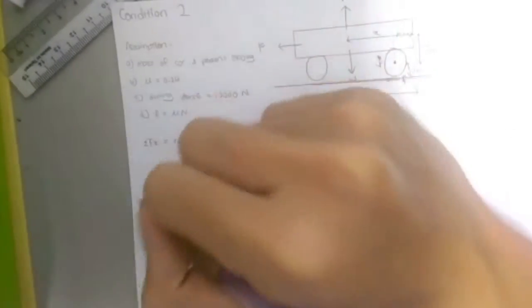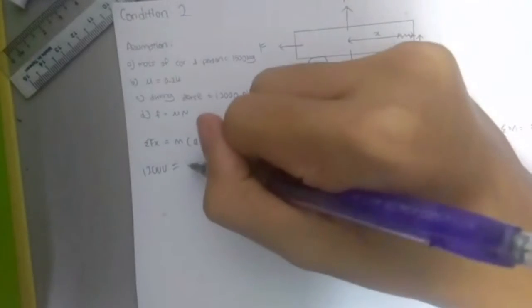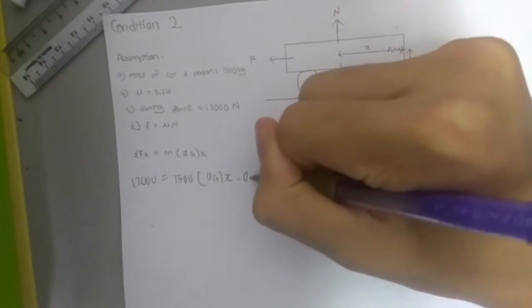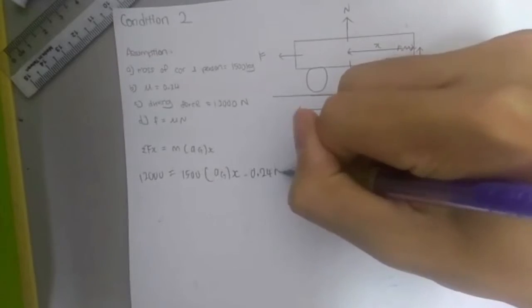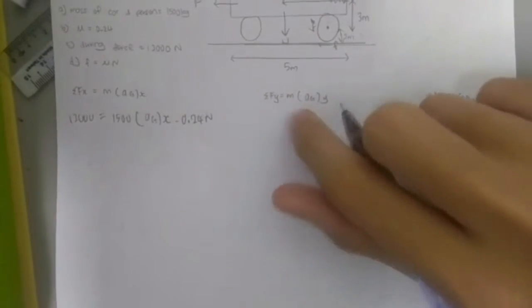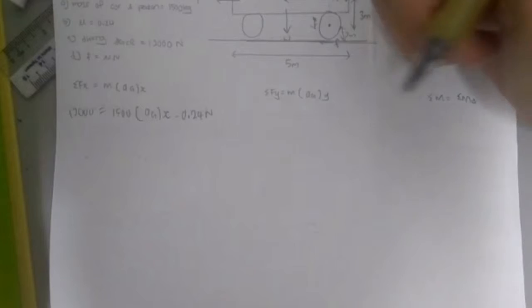We start with the summation of Fx first. So we can straight away substitute the numbers. Okay, give me a minute. 12,000 equal mass times ax, oh yeah, forgot about it, minus 0.24 n.